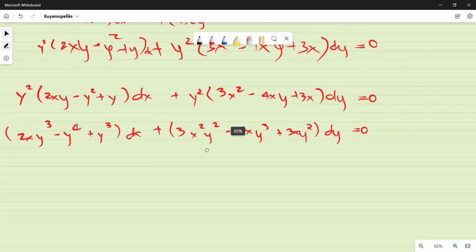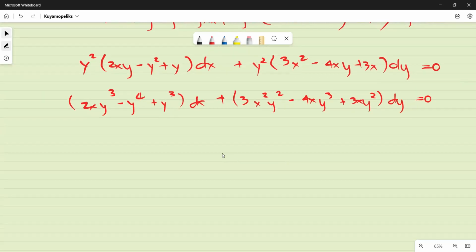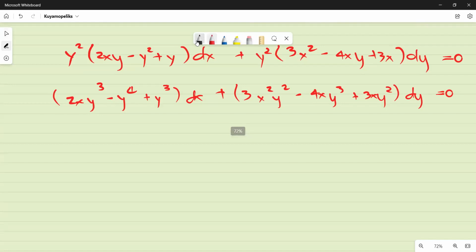So this is our new differential equation na hoping na pasok siya sa exact DE. So again, test for exactness.